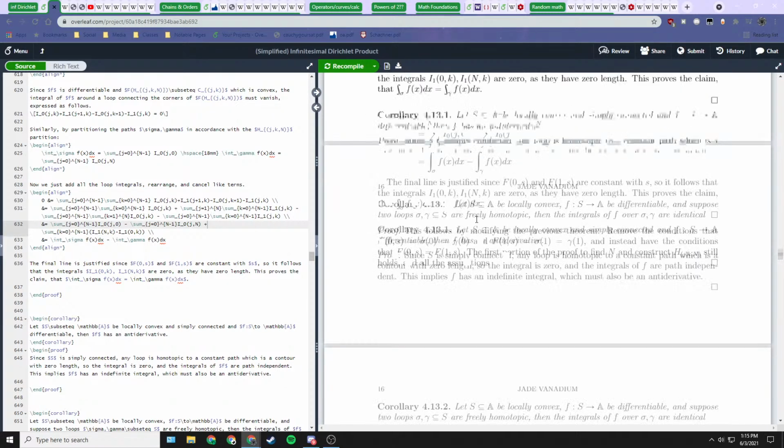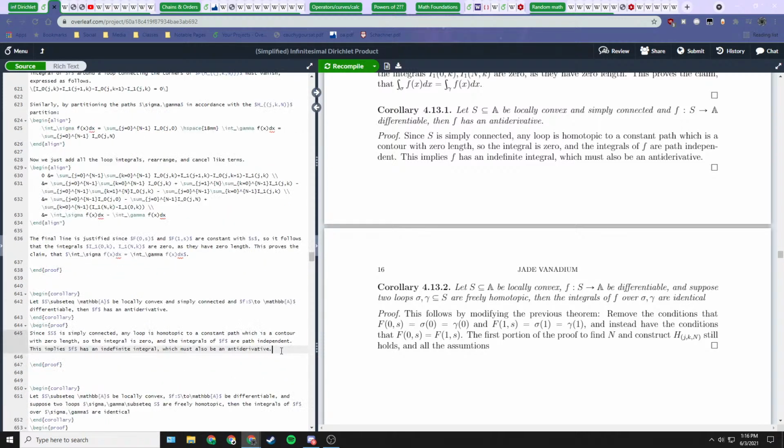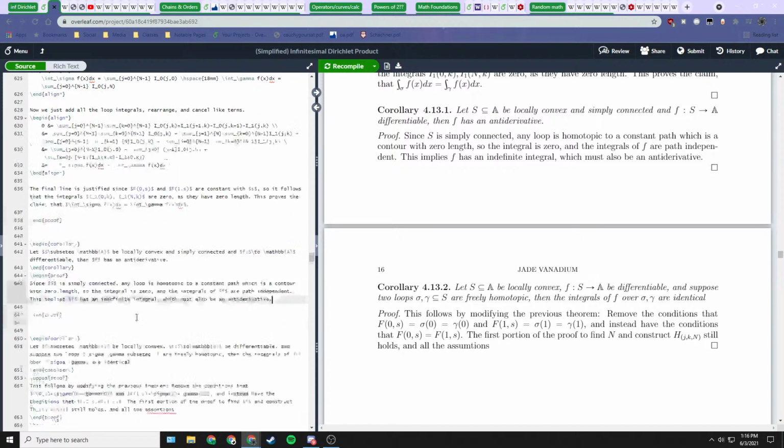The corollary to this, so the modification, is to remove the conditions that f0s is sigma 0, which is gamma 0, and f1s is sigma 1, which is gamma 1, and instead have the condition that f0s is f1s. The first portion of the proof to find n and to construct these tiles still holds. And all the assumptions, where are we?